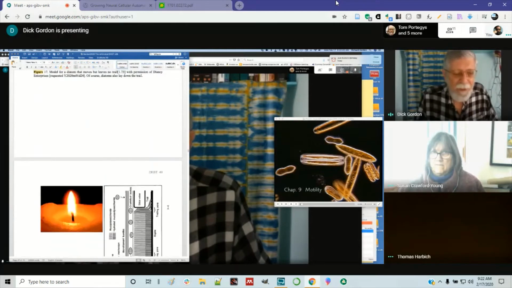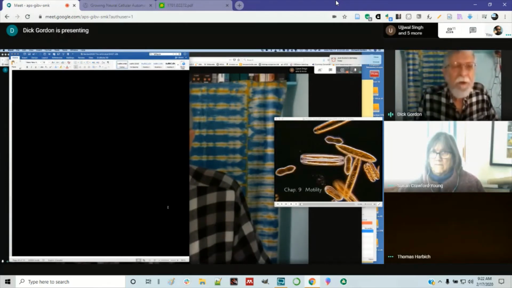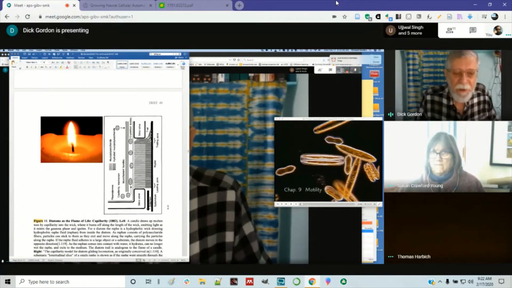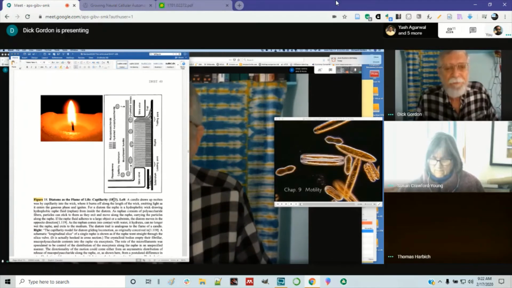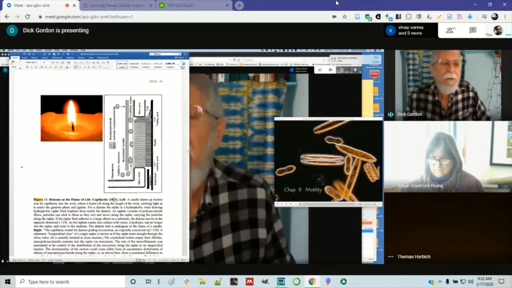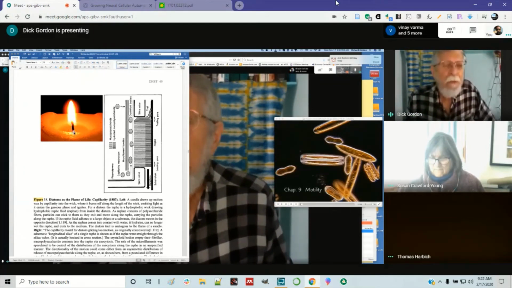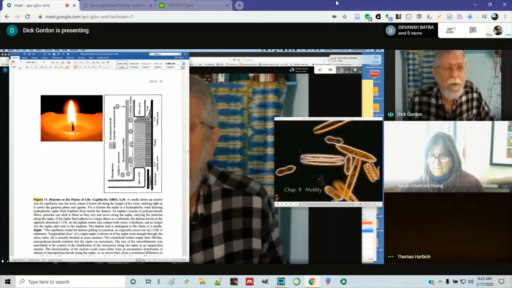Okay. Now, the next model, which I thought I had invented, but actually goes back to 1883, is a capillarity model. And in this model, the diatom behaves much like a flame behaves. So if you look at a flame, it's got a pool of molten wax at the bottom.